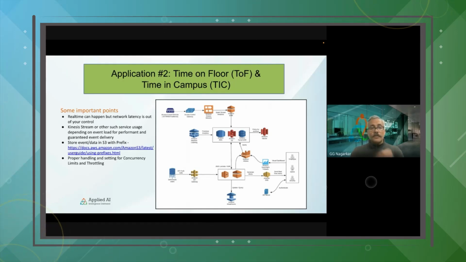but this was the architecture that was used then. One important focus around the time on floor and time in campus data that we got in was the sensitivity of this data, seen as personal data, because along with that there were demographic attributes attached, and it became a hard requirement in terms of what needs to be masked and what should not be masked. That's one angle of it.